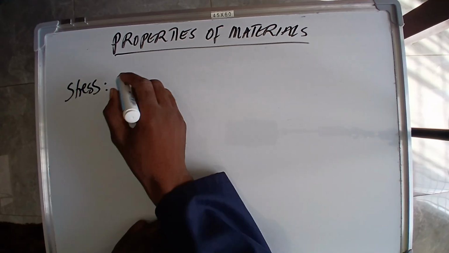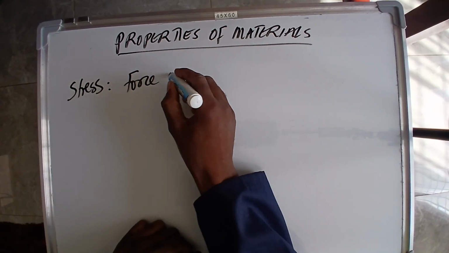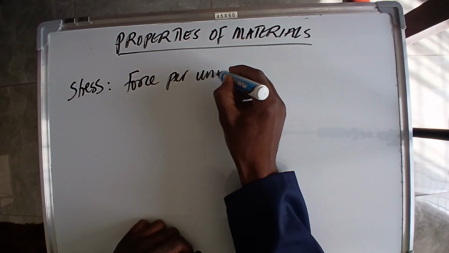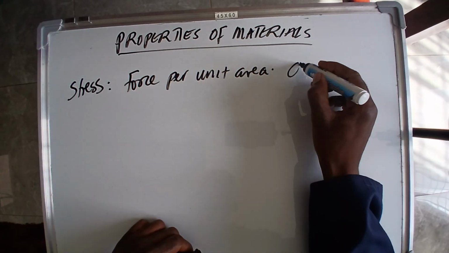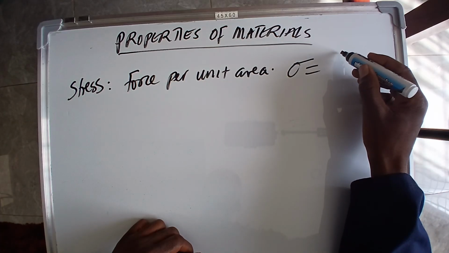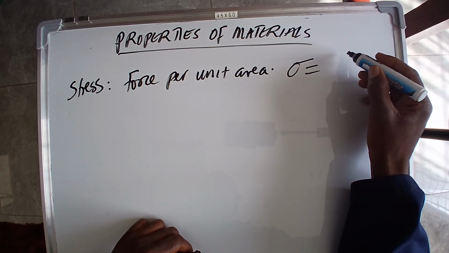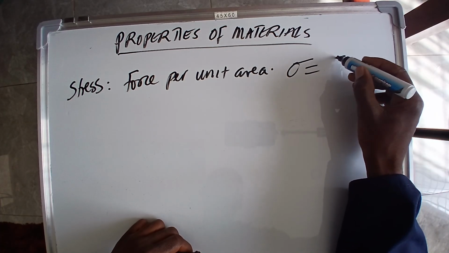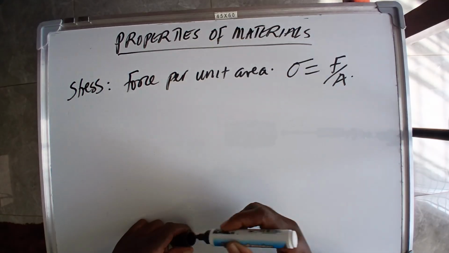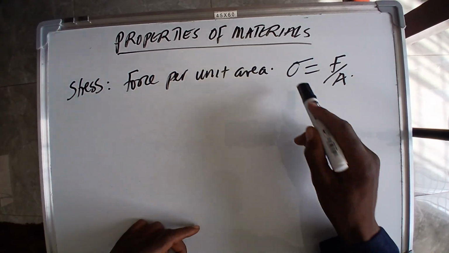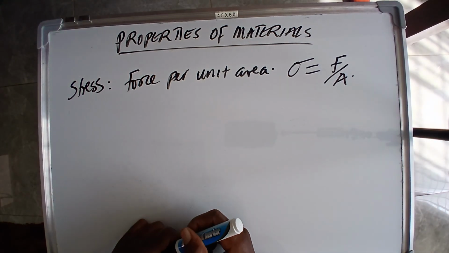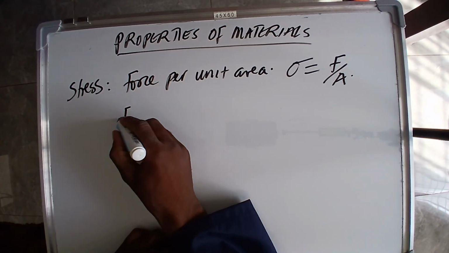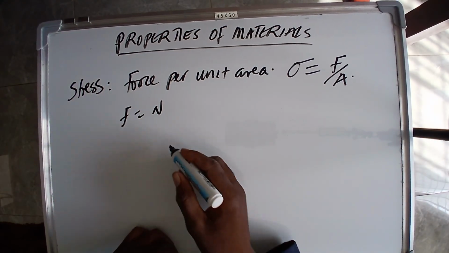Stress is a force per unit area, and that is a formula. The formula is stress, sigma, is equal to force over area. Now we need to understand that force is measured in newtons.